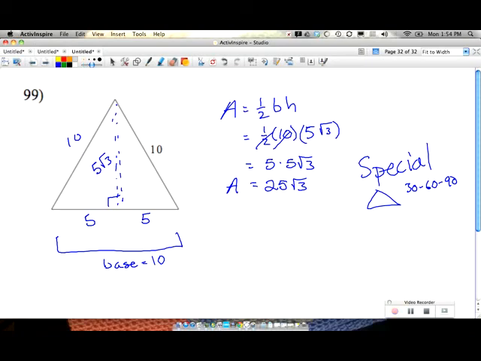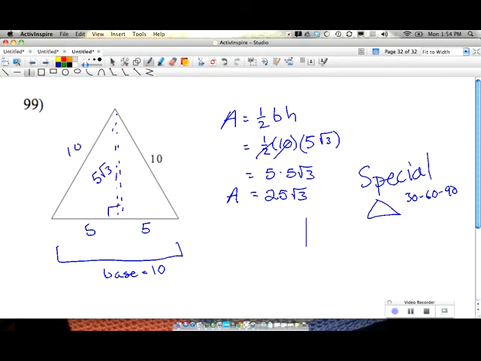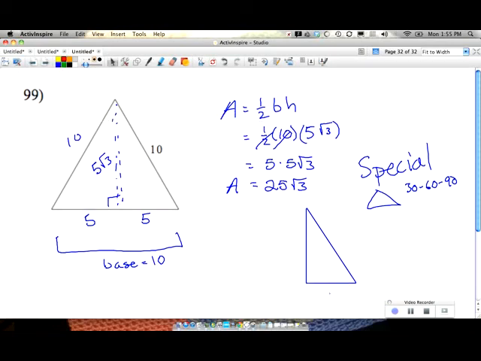For this special right triangle, you need to remember that we have a short leg, double that short leg, and then that short leg times square root of 3. And since we're given this piece here, we got to split it in half and then multiply it by square root of 3 to get the height.